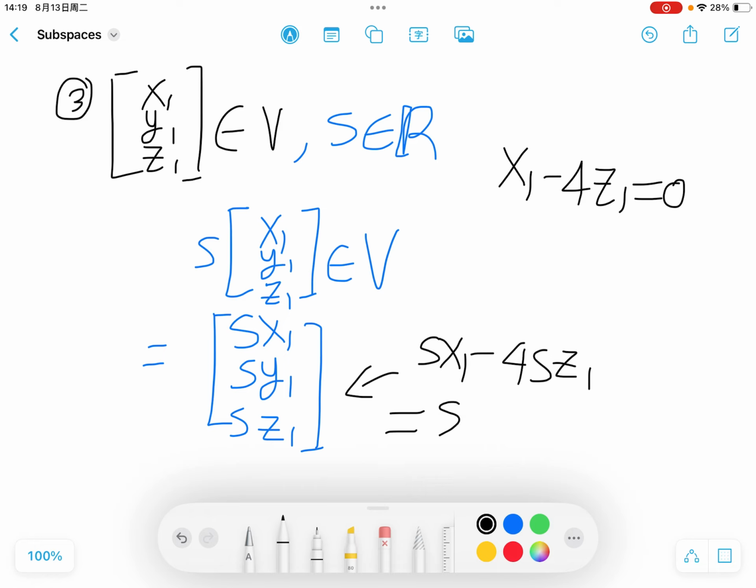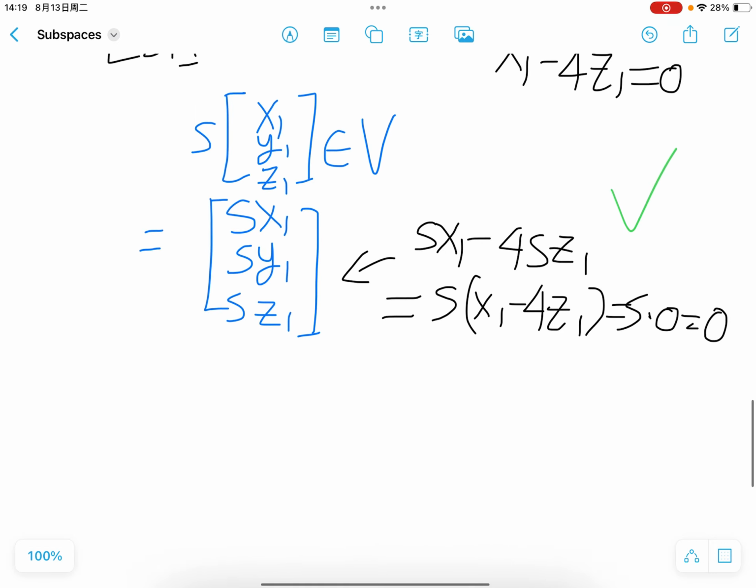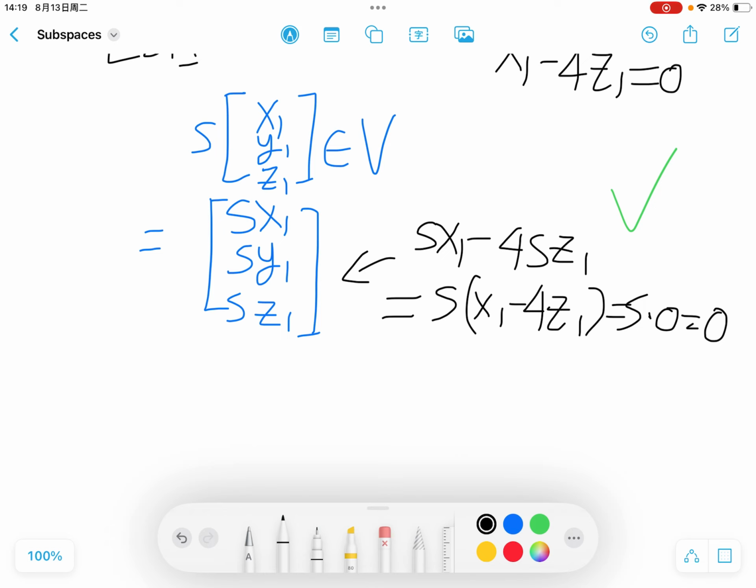Is this true? Yes, it is, because if we factor out s, we have s times x1 minus 4z1, and we know that x1 minus 4z1 is 0. So this is s times 0, and that is just 0. Therefore, the third condition is also met. This is just great. Our three conditions are met, and therefore we come to the conclusion that V is a subspace.